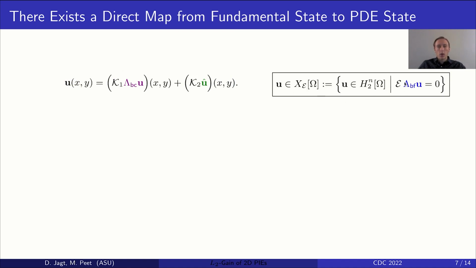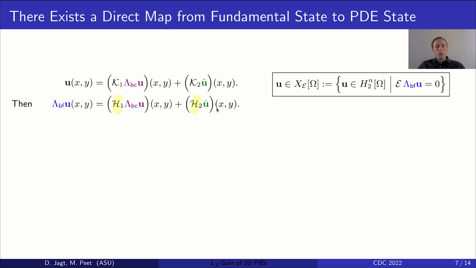Then we consider our boundary conditions, where we note that since we can express the PDE state at any point in our domain in terms of these core boundary values and our fundamental state, we can also express the value of the state at the boundary of the domain in terms of these core boundary values and this fundamental state using pi operators h1 and h2.